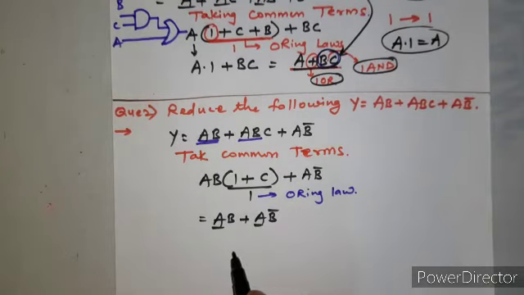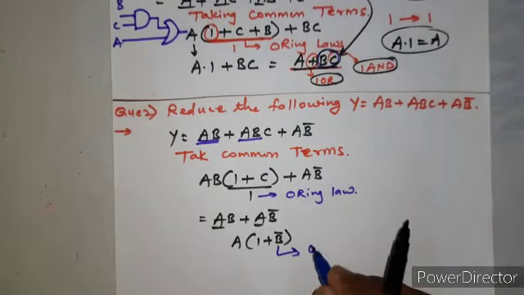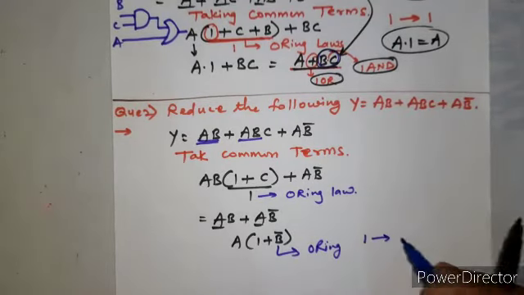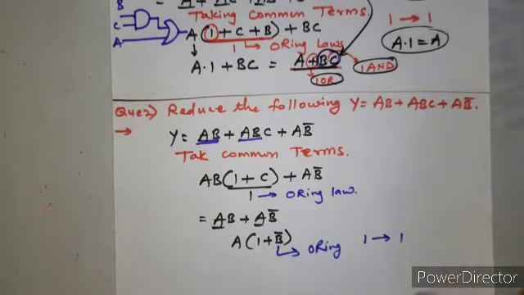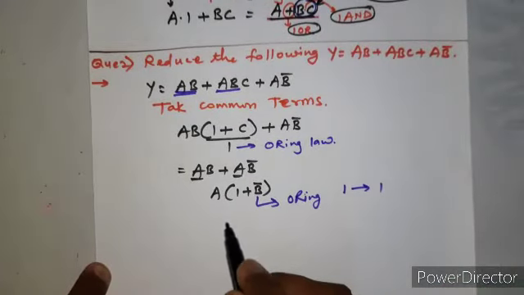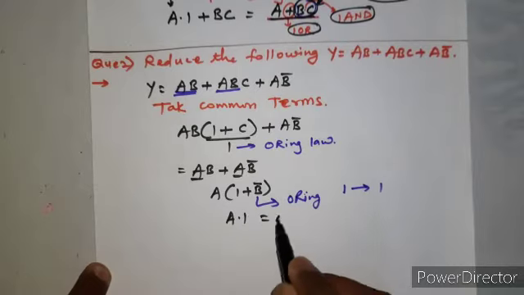I can take A as a common term, so A(1 plus B bar). Now this ORing law again: if any of the inputs is 1, the output is 1. So this becomes 1, and then I have A dot 1, which is equal to A.